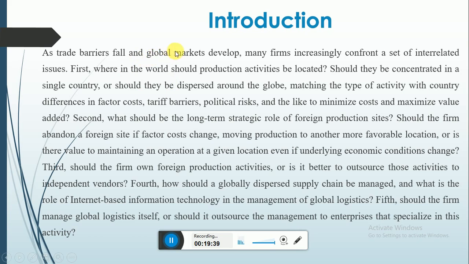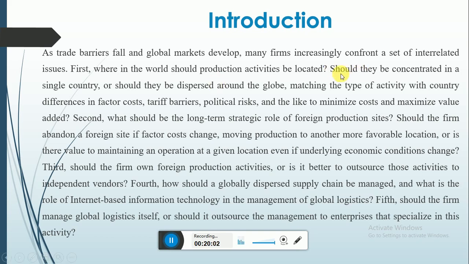As trade barriers fall and the global market develops, many firms increasingly confront a set of interrelated issues. First, where in the world should production activity be located? That's the question. If you are in the United States, where do you need to have your production activities, which countries do you want, and why?